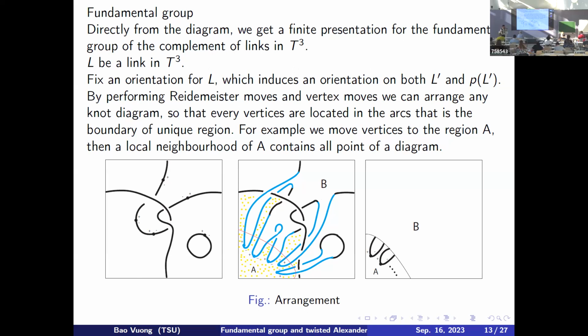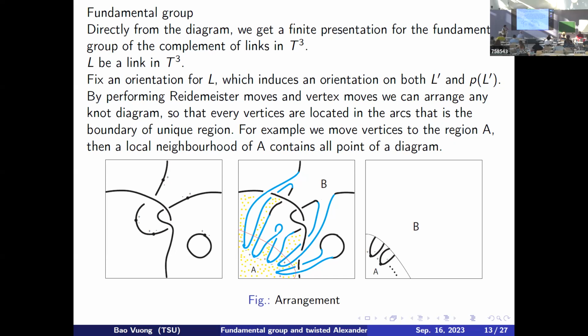Then we have to kill that ambiguity. When we get a diagram of a knot in the three-dimensional torus, we have to arrange it to remove the ambiguity coming from the configuration of the vertices. So we have to do something about it. And what do we do? First, we take the first picture, just an arbitrary diagram.